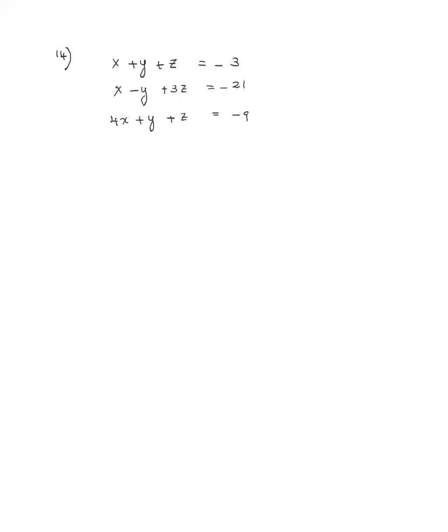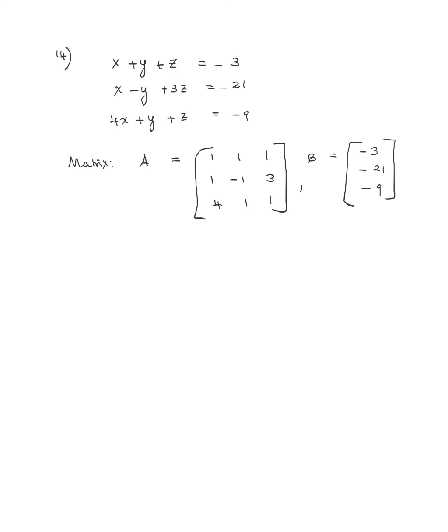So matrix A is 1, 1, 1, 1, negative 1, 3, 4, 1, 1. This is matrix A. And B is negative 3, negative 21. B is a column matrix. And we can take the X as X, Y, and Z.